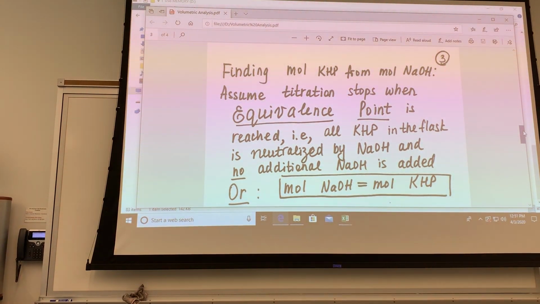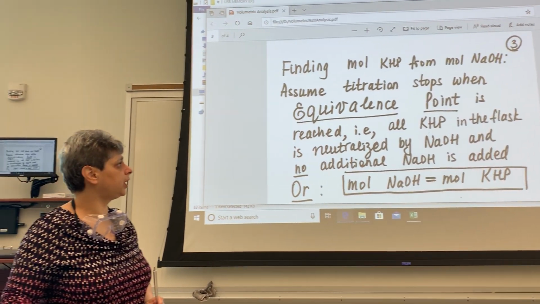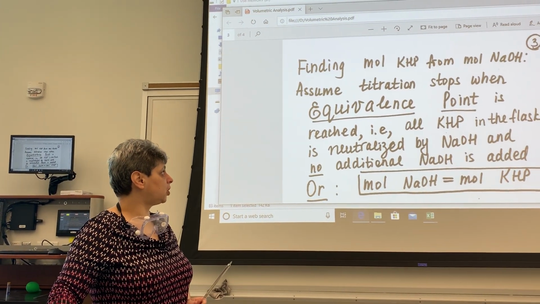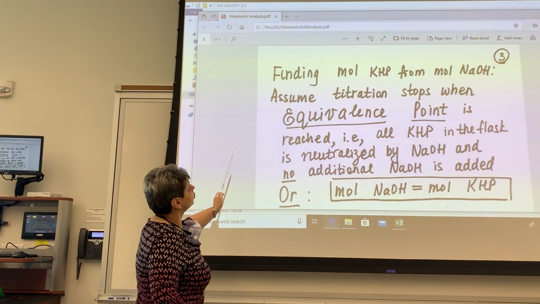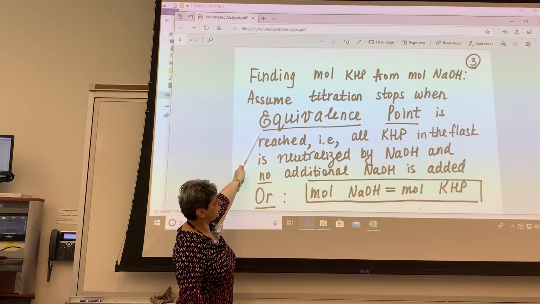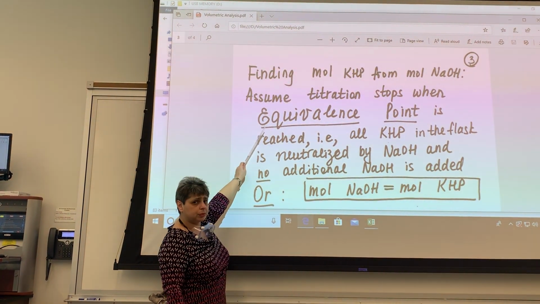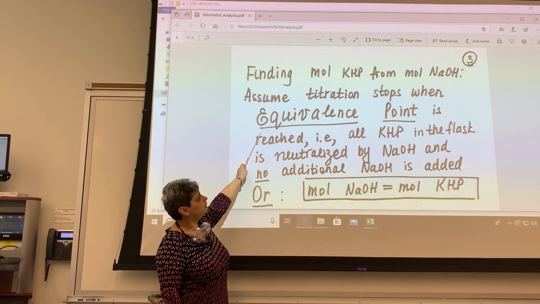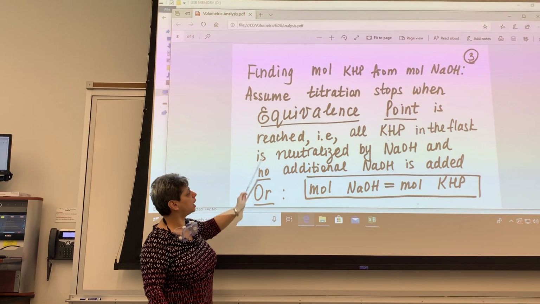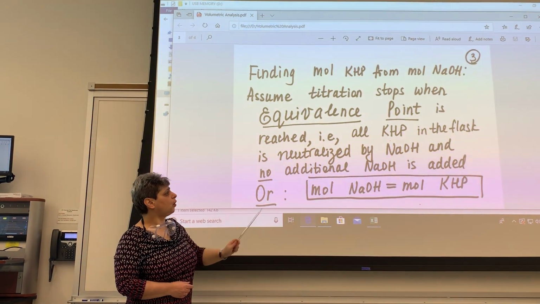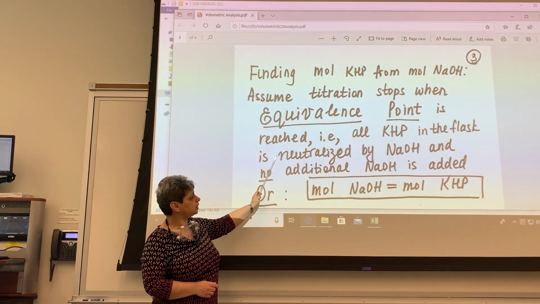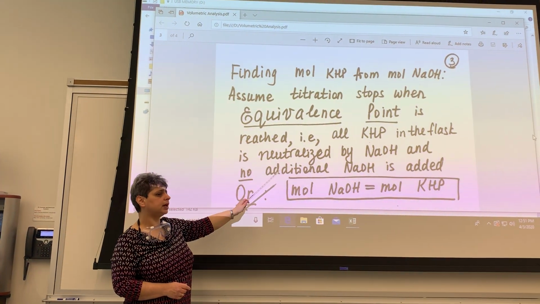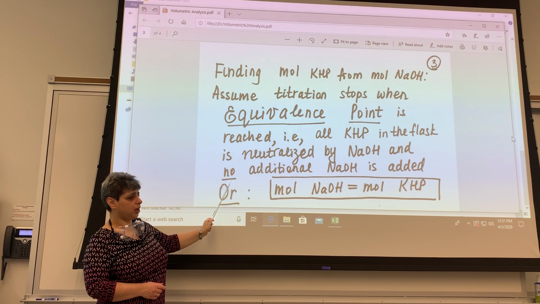Then you're going to assume that that mass of KHP was titrated against sodium hydroxide until a so-called equivalence point is reached. We need to talk a little bit more about what equivalence point means. Equivalence point means that all KHP in the flask that we started with is just neutralized by sodium hydroxide, but no excess of NaOH is added.